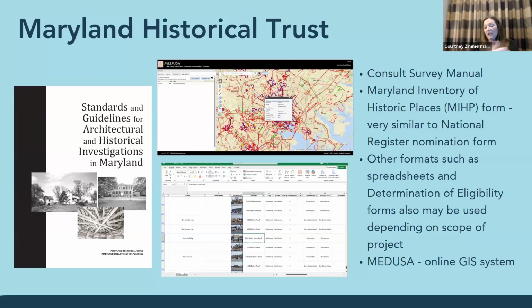So we've done projects in Maryland where we just provided them with a spreadsheet with the thumbnail images and some basic information. They're also like determination of eligibility forms. So, I'm just going to keep saying, the first thing you want to do is reach out to the staff about your project or your goals and work with them on what you need to do in that state. Next.